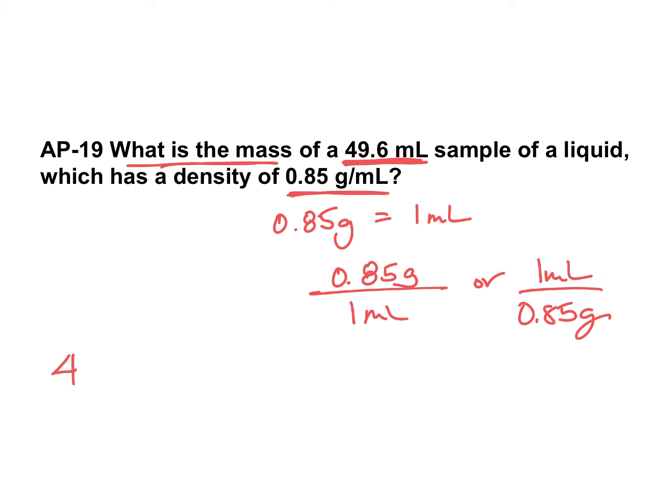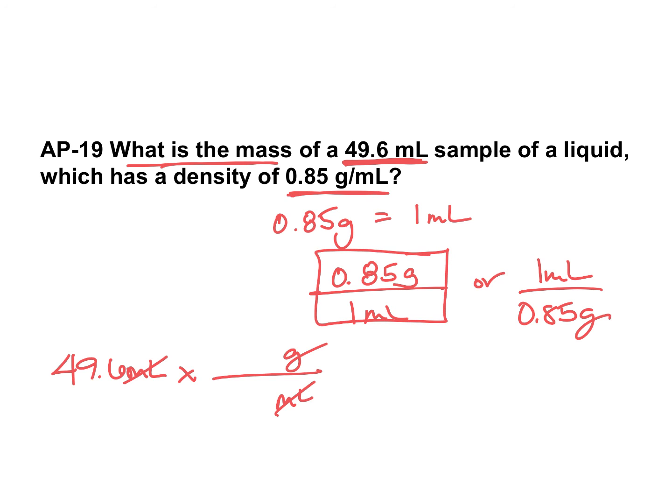So we're given the 49.6 milliliters. Milliliters are on top, so they need to go on the bottom of the conversion. Grams is what I can relate that to on the top. So I'm using this conversion: 0.85 grams divided by 1 milliliter.